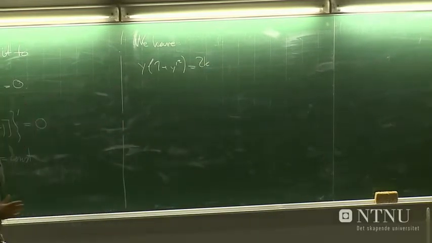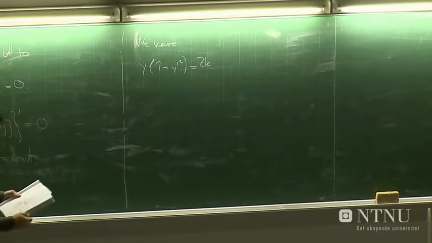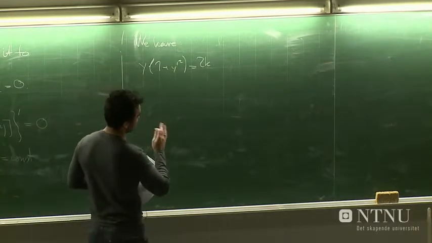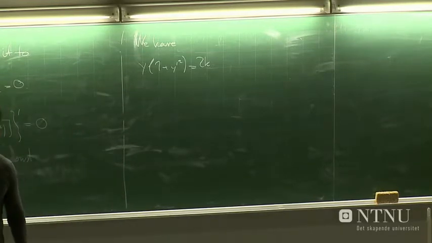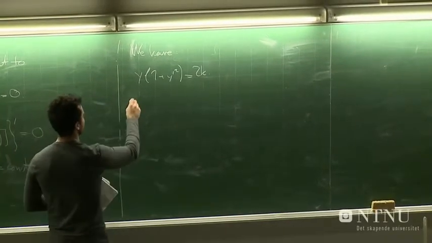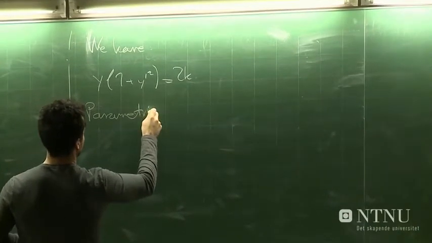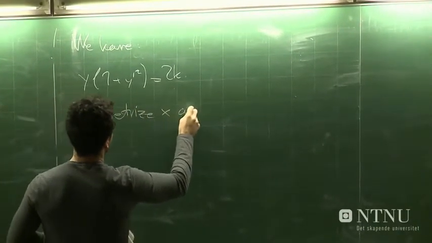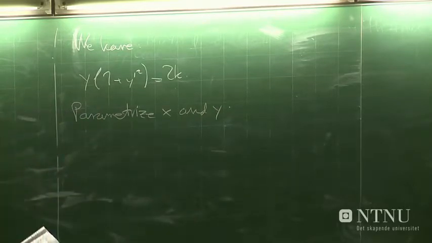Now, it's convenient to name this constant 2k. Because if we do so, we can actually represent x and y in terms of an independent parameter theta in the following way. So we parameterize x and y.